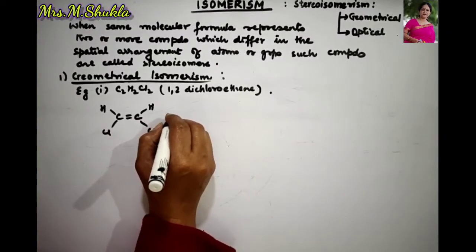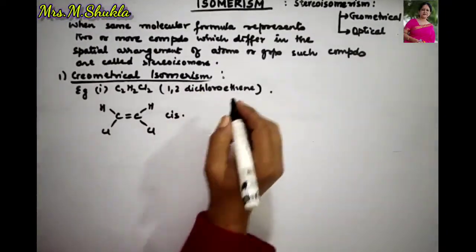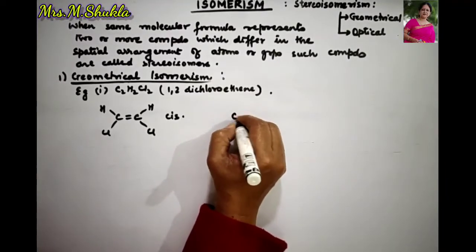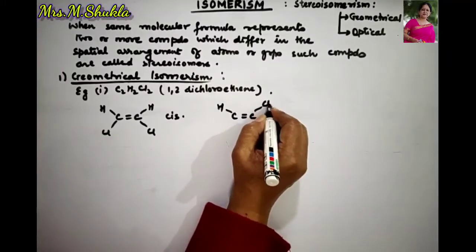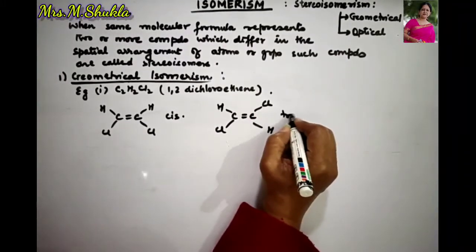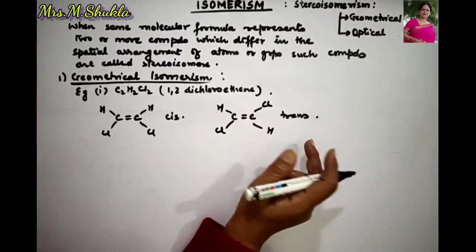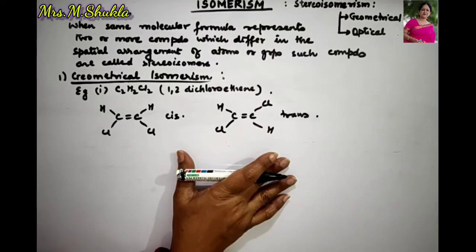So this is your cis 1,2-dichloroethene. Now let me draw the trans. Carbon-carbon, this is hydrogen, here it will be chlorine, here chlorine, and here hydrogen. This is your trans 1,2-dichloroethene. I hope this is very clear to you.